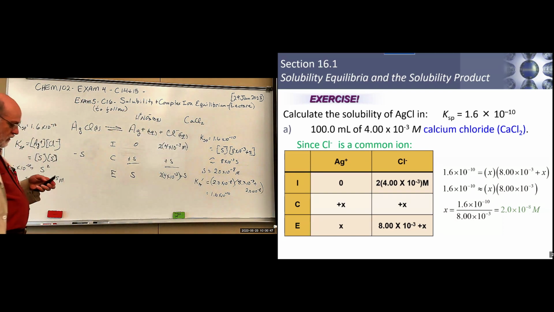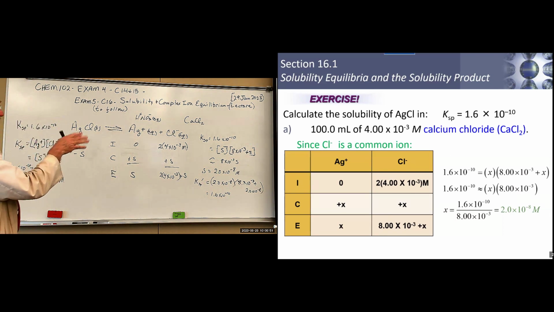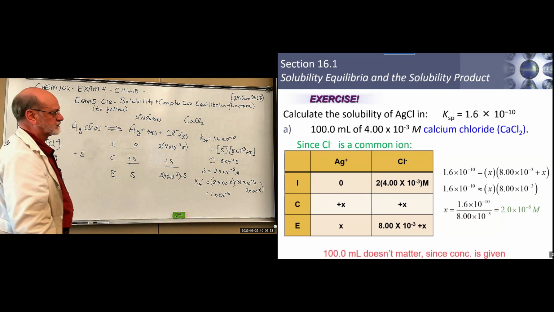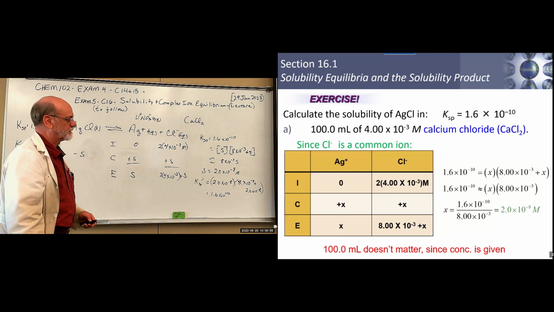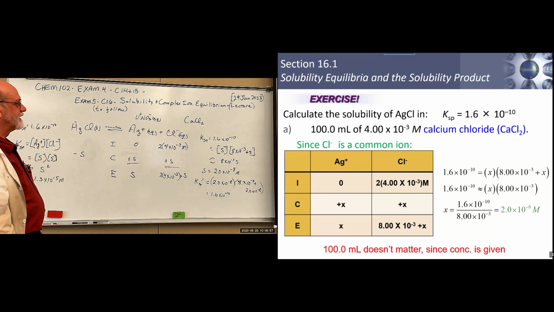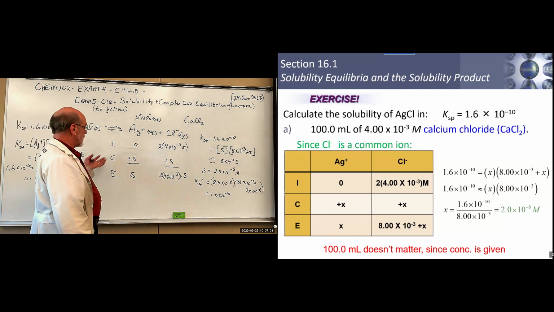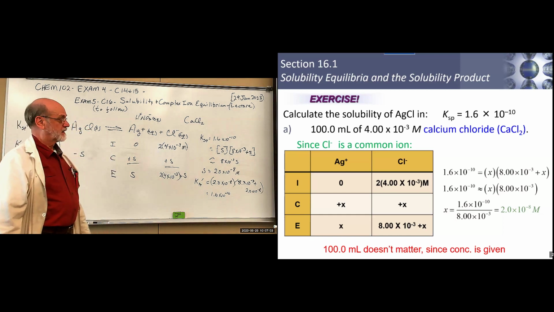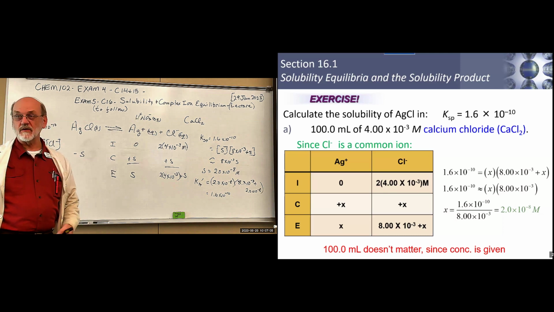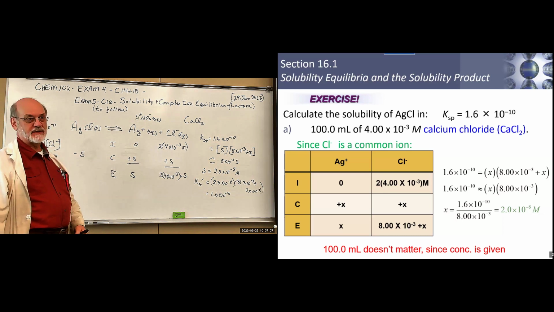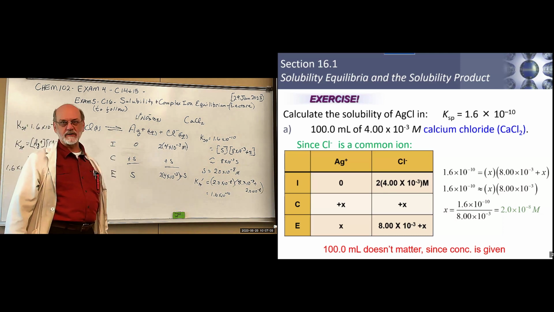Okay, so we know we can calculate the concentration when there's a common ion effect involved. I didn't even focus on the 100 milliliters because in this case, 100 milliliters doesn't matter. If we know the concentrations already, it could be 10 milliliters, could be 100 liters.